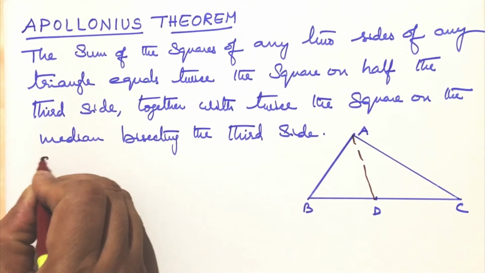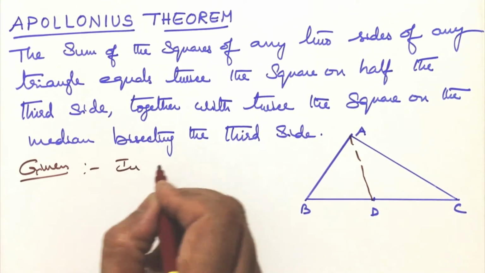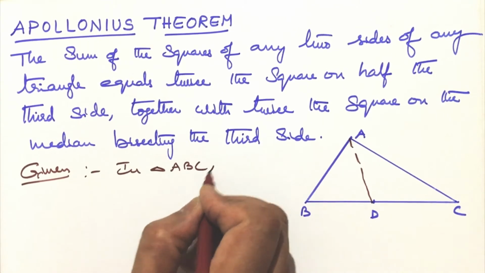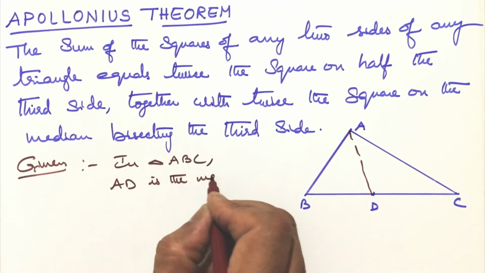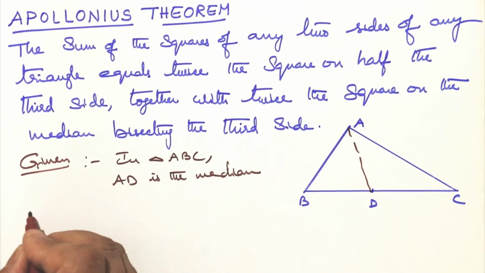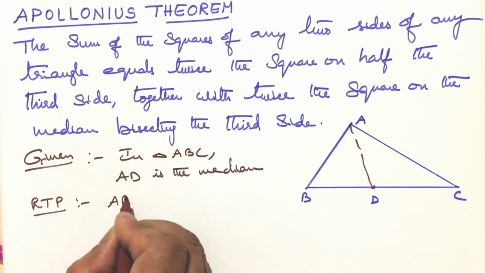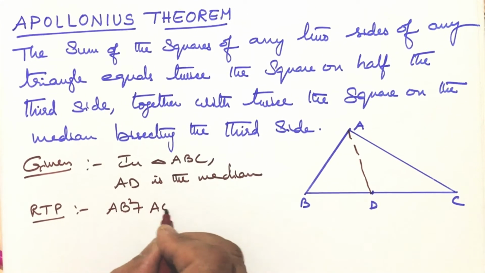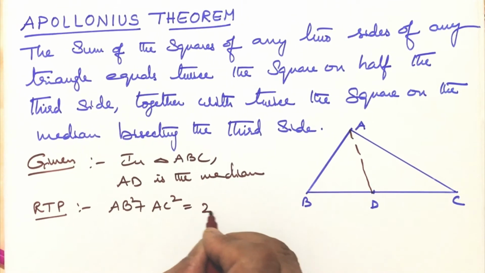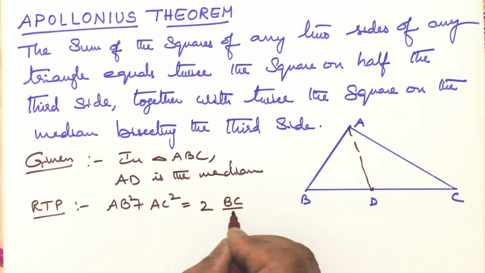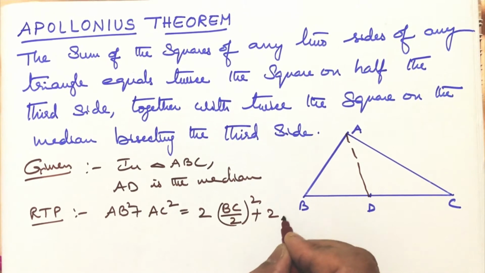So what is given here? Given: in triangle ABC, AD is the median. We have to show that AB square plus AC square is equal to 2 times (BC by 2) whole square plus 2 times AD square.